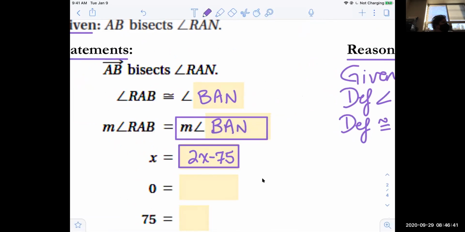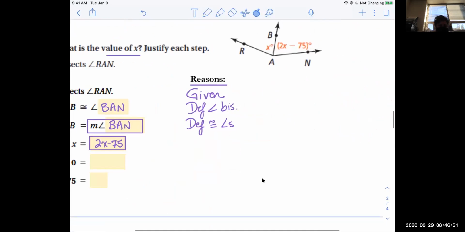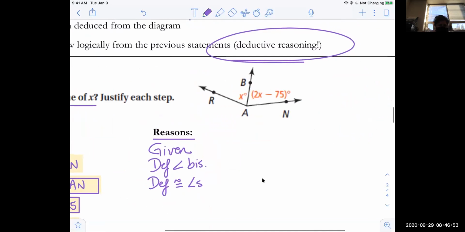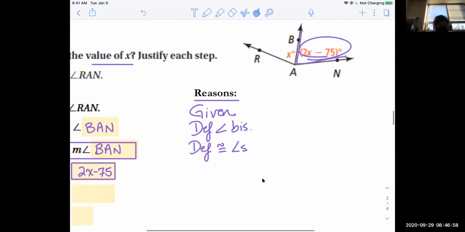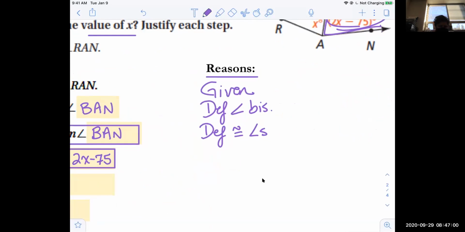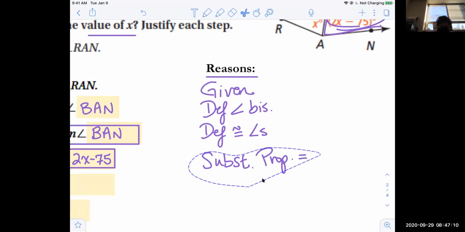What do you think you'd call that? Yes, that is substitution, because you're saying, oh, look, this angle measure is 2x minus 75. We're just going to plug that in. Okay, replacing or plugging in is substitution. Now, again, we got to have at least an S there, if not a T. Property of equality. I'm kind of getting out of line here a little bit.